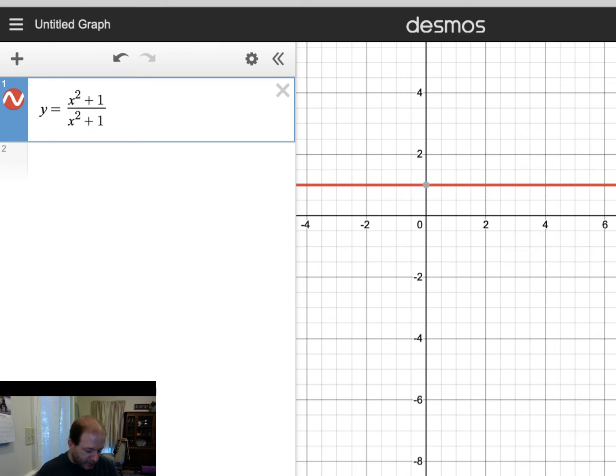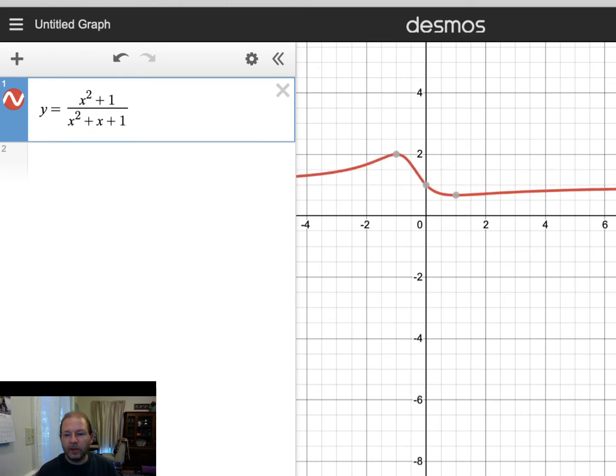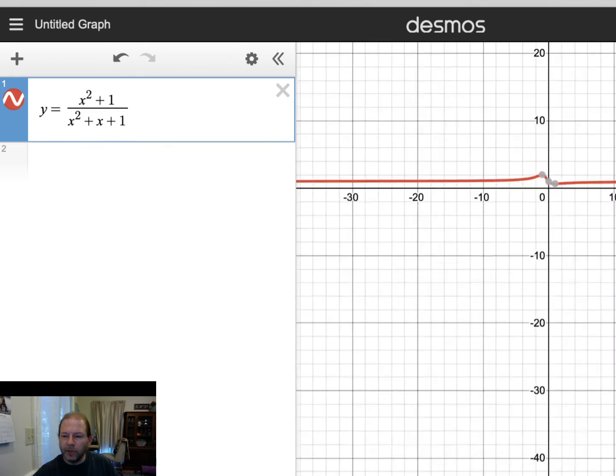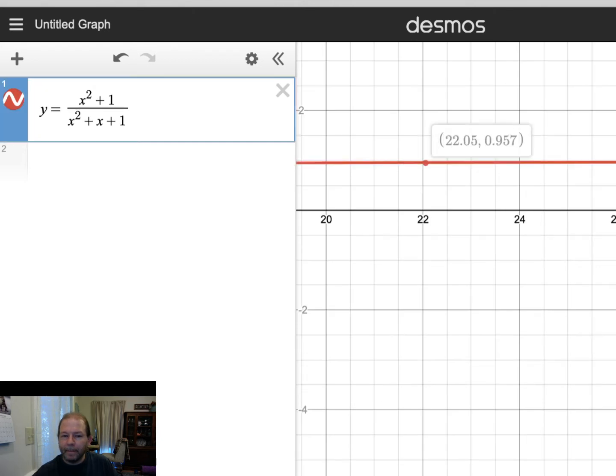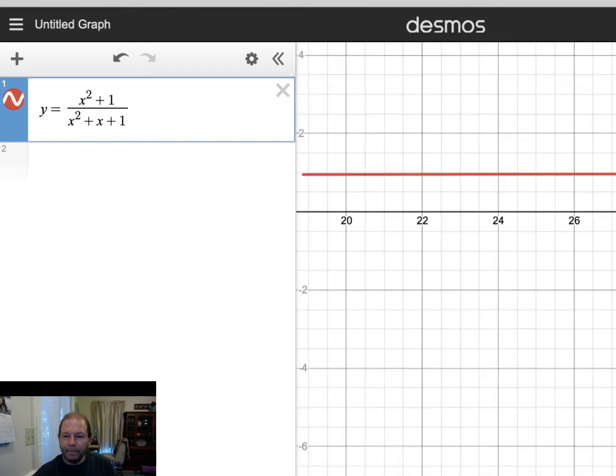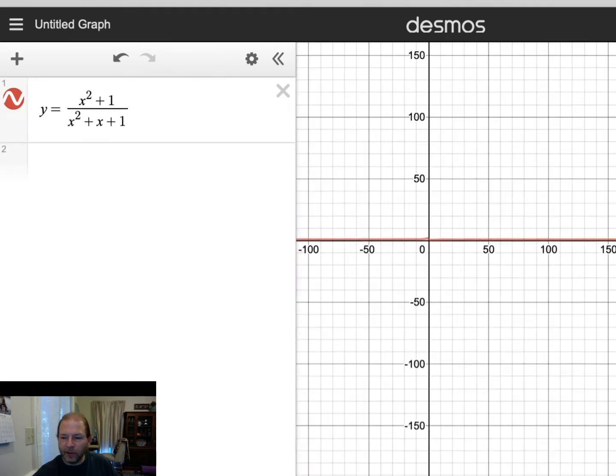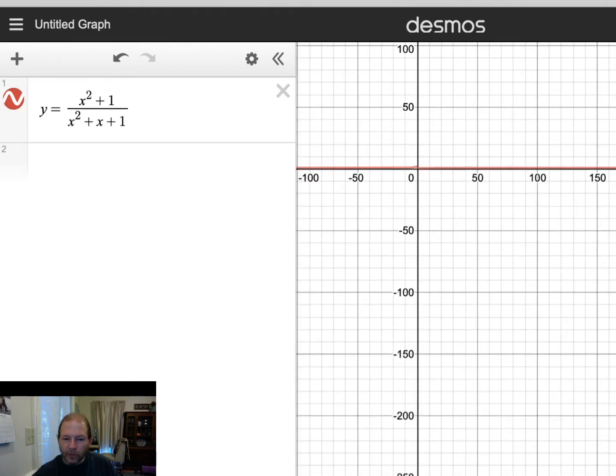If I put in some other stuff on the bottom, say x squared plus x plus 1, then when x grows large, this approaches 1. If I zoom way out, it's kind of hard to see, but it approaches 1 on both sides.